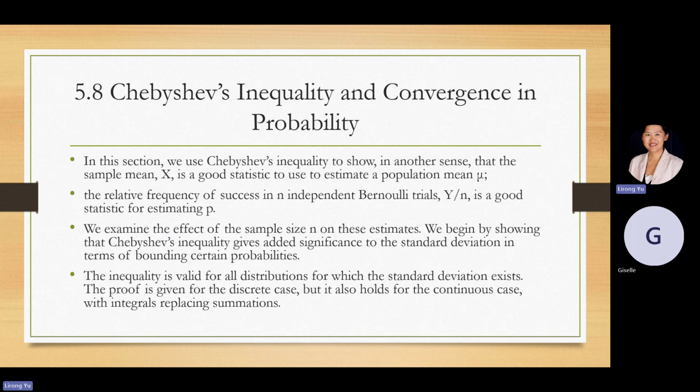It doesn't give you the exact probability. It tells you the probability in the center has to be bigger than a certain number. The main idea of Chebyshev's theorem is that the majority of any distribution is in the middle, around the mean. Many times you use the sample mean to approximate the population mean, but how good is that estimation?